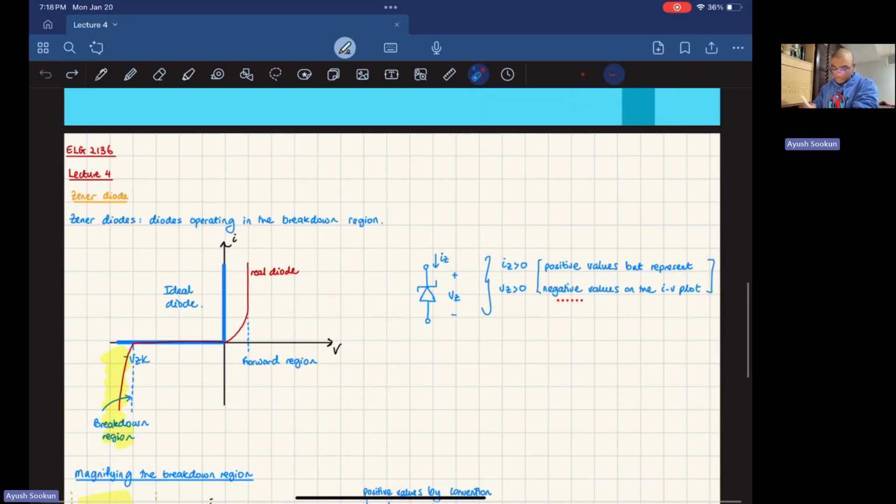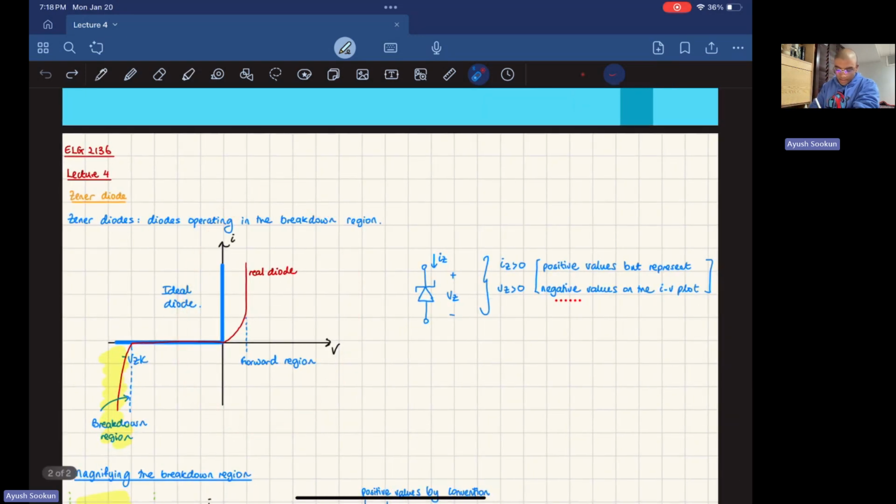If you look over here at the IV characteristic, this VZK is on the negative side. These are all negative numbers. So this IZ and this VZ represent negative values. If you're given a question to calculate IZ and VZ, and then it asks what their values would be on the plot, you would have to put a negative sign in front. So that's something to keep in mind.